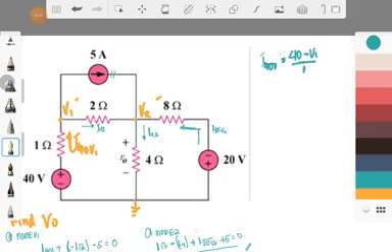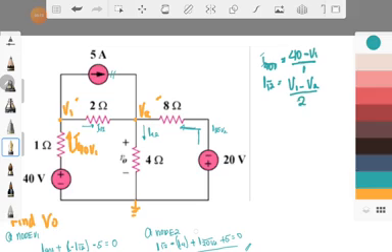And then I have my I12. I12 is V1 minus V2 all over my 2 ohm. Take note that our direction is from V1 to V2. Okay.